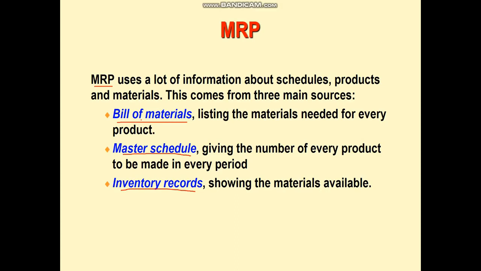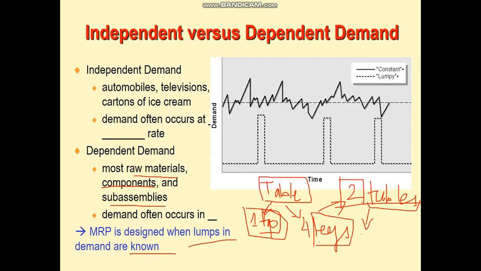What is bill of material? I will talk about the detail later, but the bill of material will help us list the materials needed for every product. So it's like this example. When we need to make 1 table, what kind of material do we need?